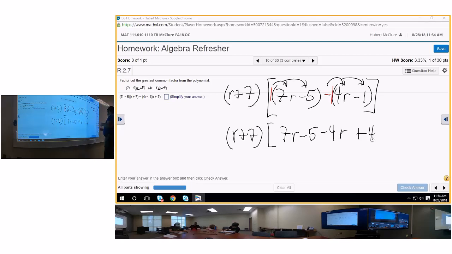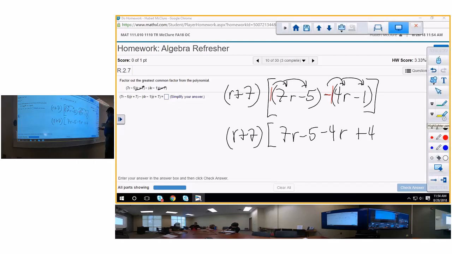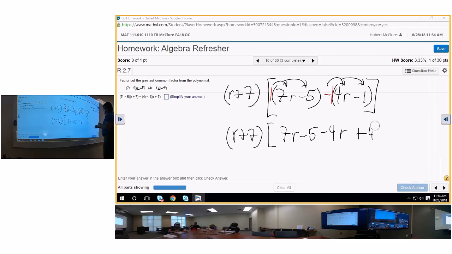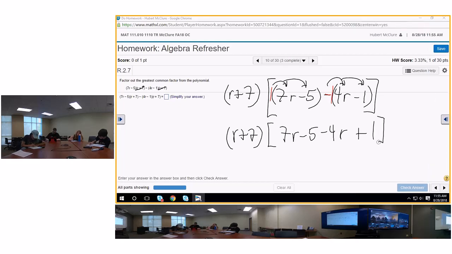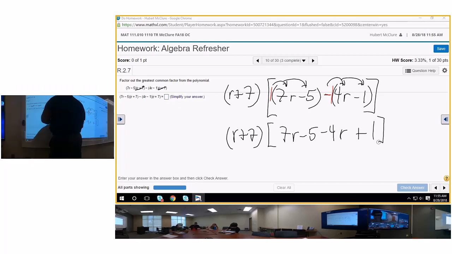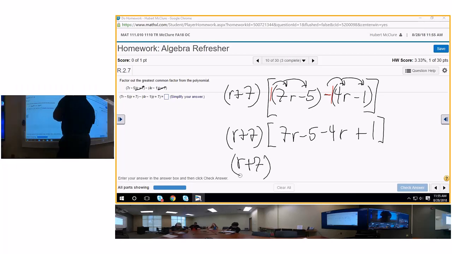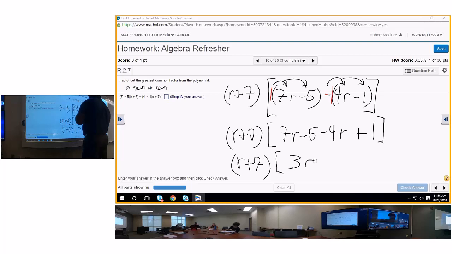Plus 1. Hubert, 1 times 1 is not 4. And whenever you use the distributive law, you always do what next? Combine what? Combine like terms, Hubert. Thank you, class. 7r minus 4r is 3r. Negative 5 plus 1 is negative 4.